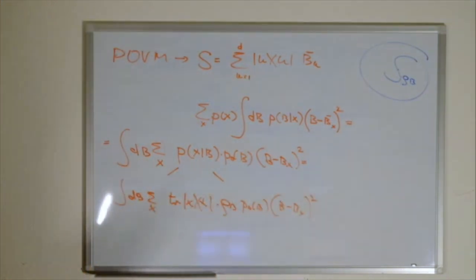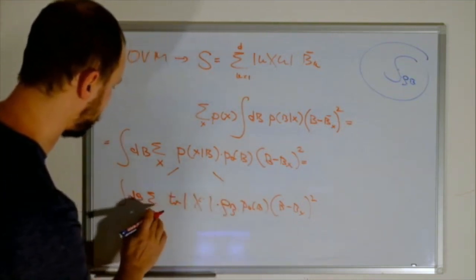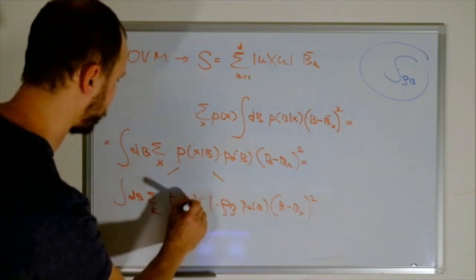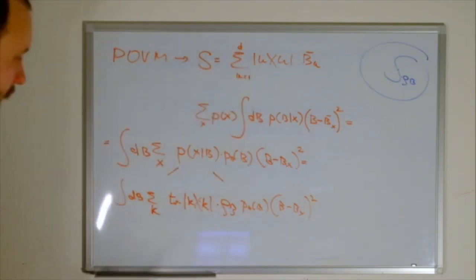Nice. Now the sum, so we had this index x here, we can also write k. Just too much notation here of the operator. It's just an index, so it doesn't matter how I call it.